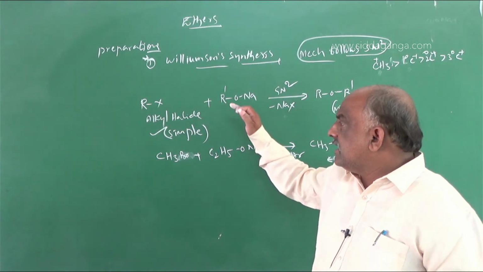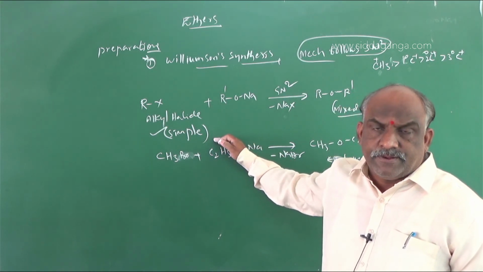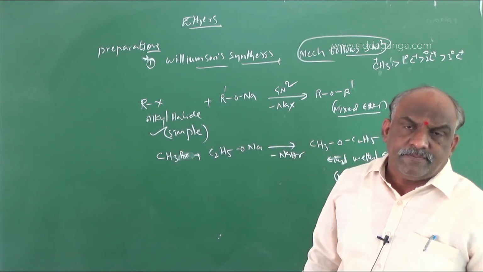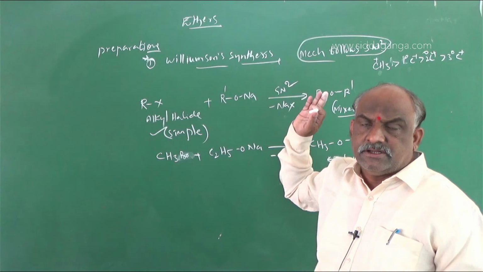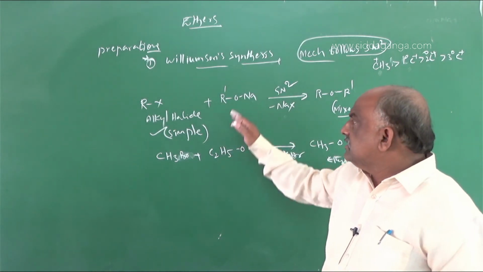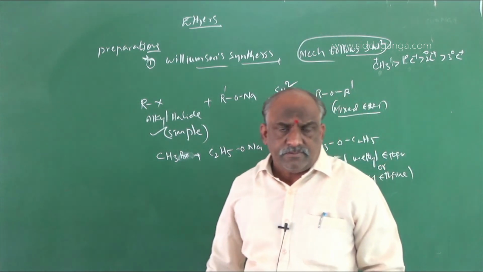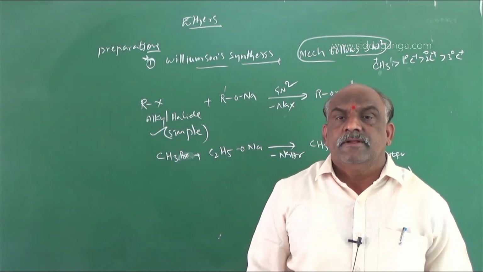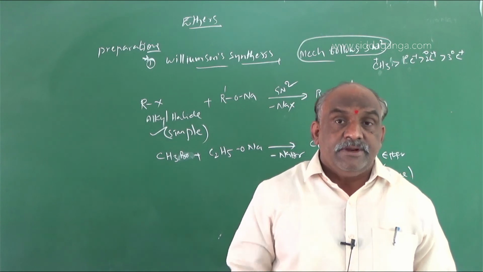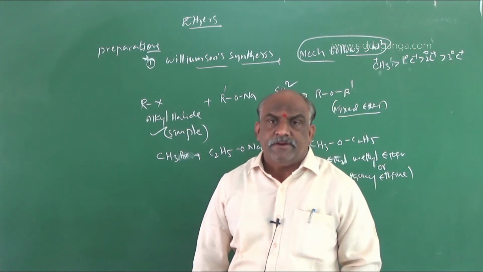Condition number 1: the alkyl halide must be simple. A simple alkyl halide is required. The sodium alkoxide, whether bulky or any other alkoxide, doesn't matter because the reaction follows the SN2 mechanism.